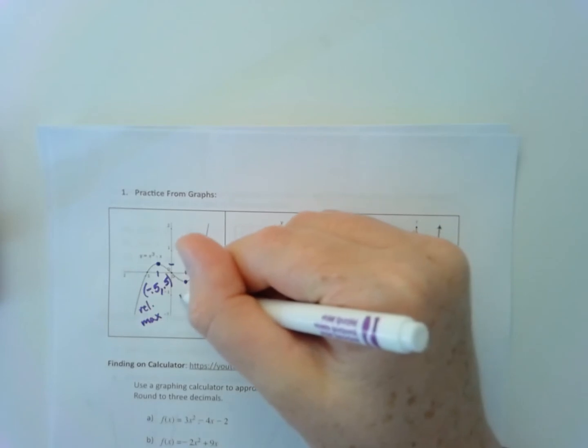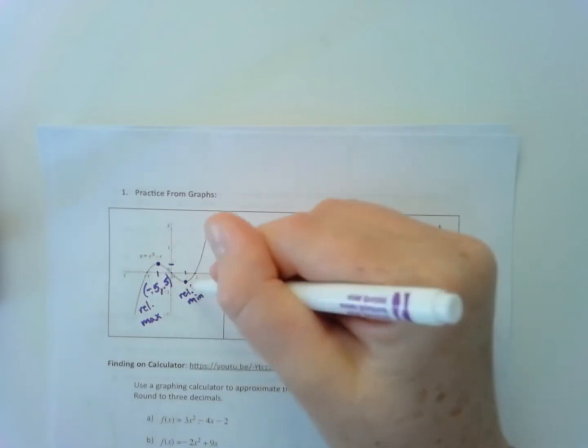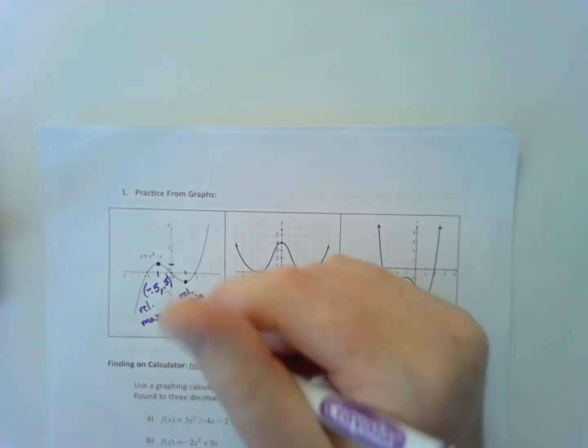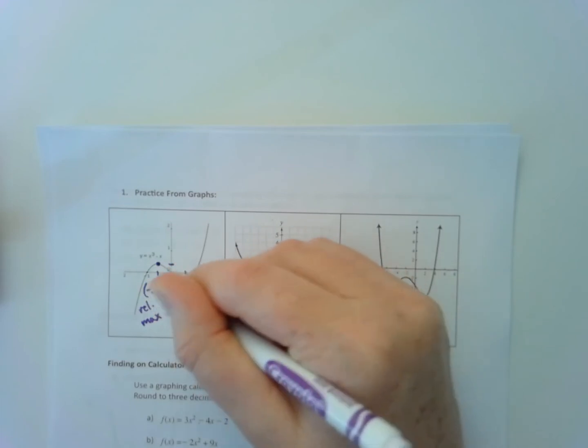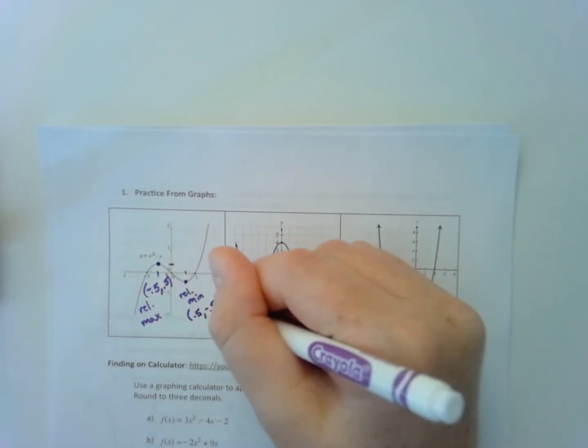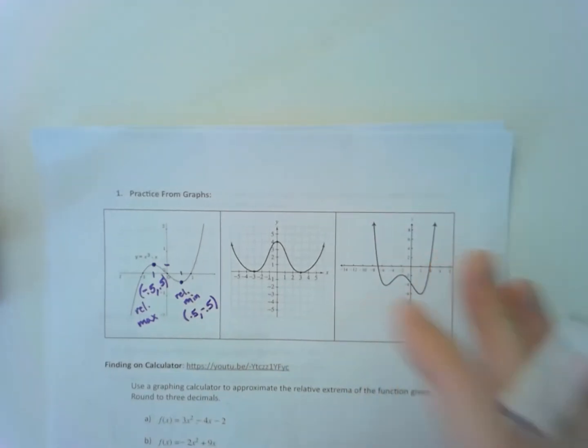And this point over here is a relative minimum point because it's a low point in this little area of my graph. And this point looks like it's located at 0.5 and negative 0.5. You can certainly write those with fractions, but I just wrote them as decimals.